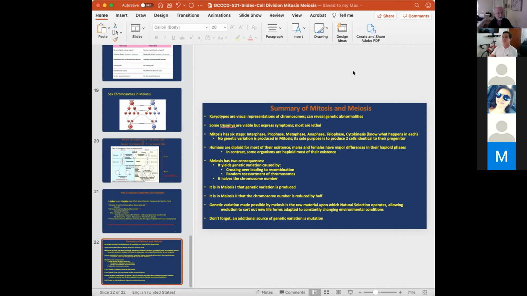If they do, now you have a sex cell with a double chromosome. And when fertilization occurs, now instead of 1 and 1 is 2, we have 1 and 2 is 3. And that can occur with any chromosome at a random frequency. We rarely see trisomies because they're lethal. Most chromosomes, if they're there in 3 copies, the fetus dies before it's ever born. And I pointed out the ones that can live.